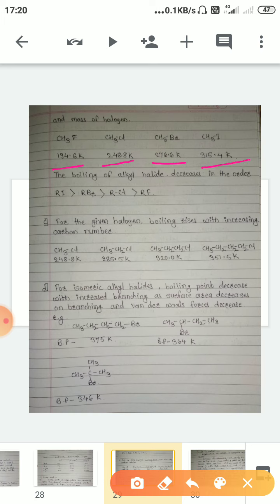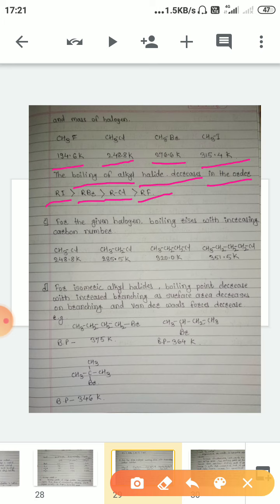In general, the boiling point of alkyl halides is highest for alkyl iodide, then alkyl bromide, then alkyl chloride, then alkyl fluoride, or you can write it vice versa for the increasing order of boiling point of alkyl halides.